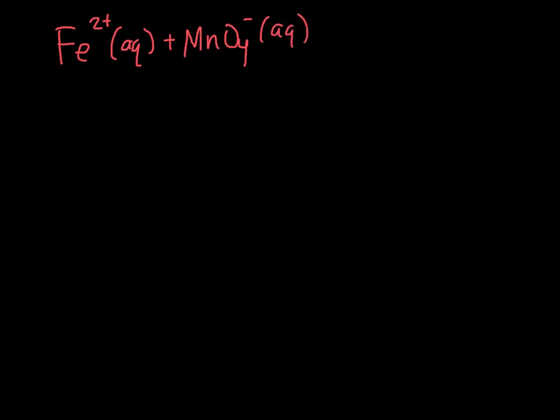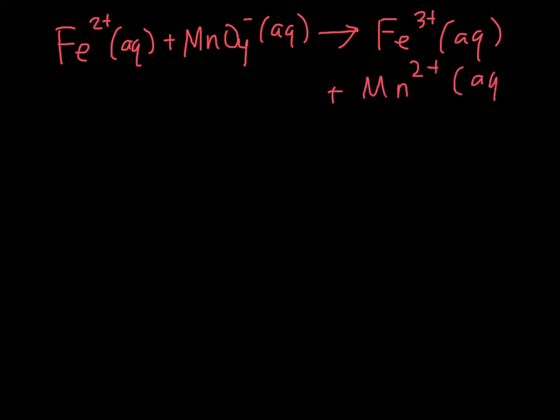Let's consider as our example reaction Fe2+ in an aqueous solution and MnO4- in an aqueous solution going to Fe3+ in an aqueous solution plus Mn2+ in an aqueous solution.